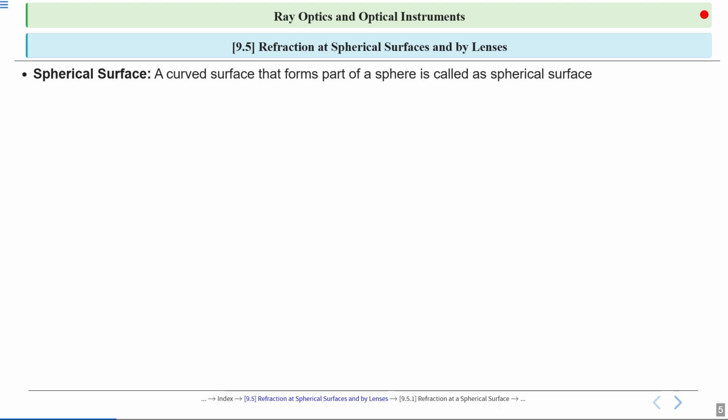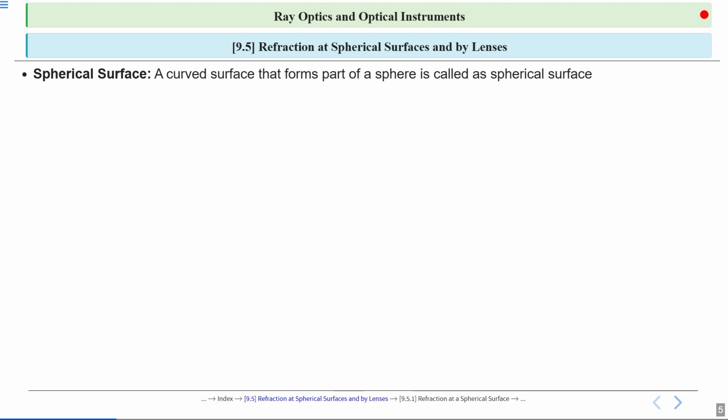If the reflecting surface is curved inwards, then it is a concave mirror. Now we will discuss which type of curve represents which type of spherical surface. It begins by defining the spherical surface, which is crucial for understanding how lenses work.